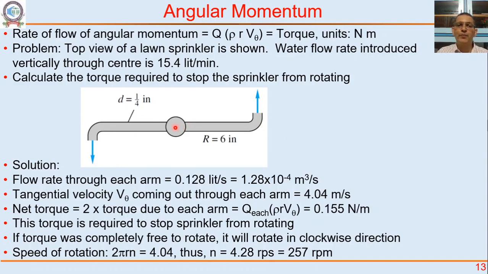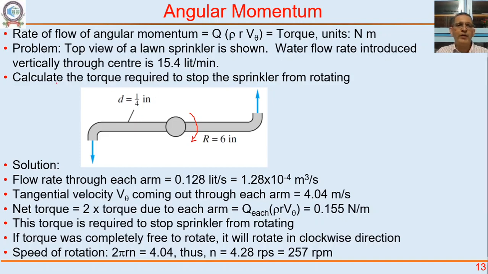The axis is here, perpendicular to the screen. So this is v theta. That's why we are talking about angular momentum. And obviously you know from experience that if water comes out, it tends to cause a rotation of this sprinkler in the clockwise direction, like Newton's third law, if you like.